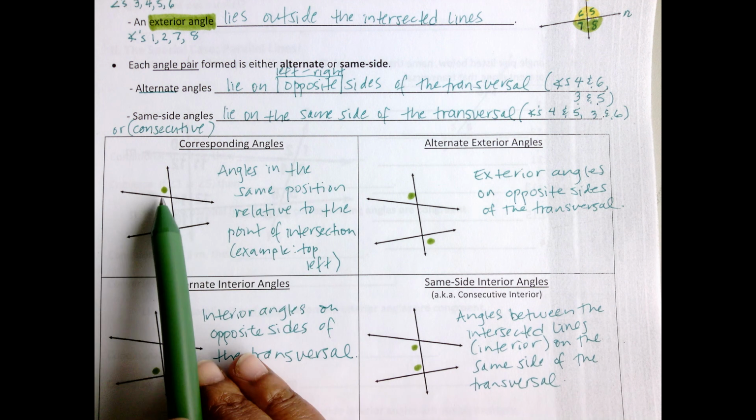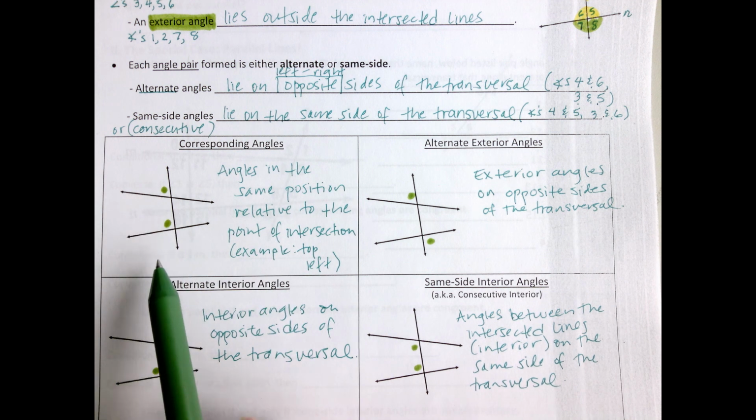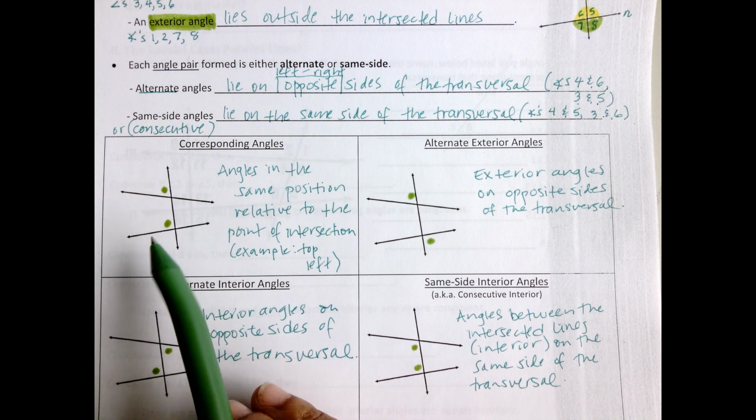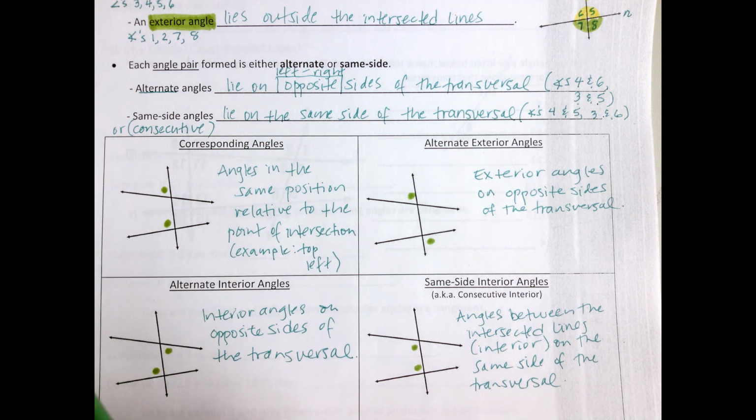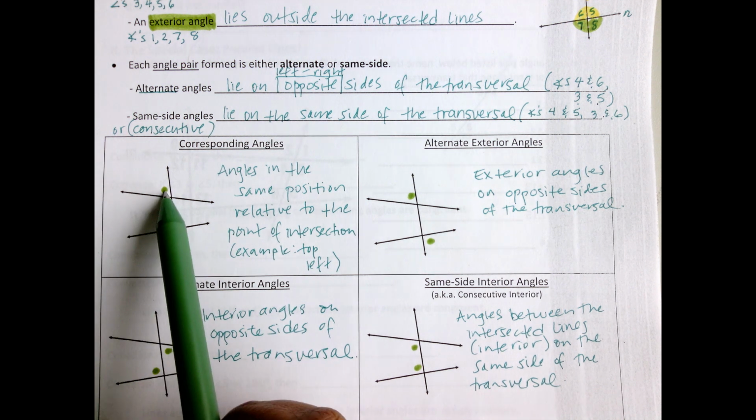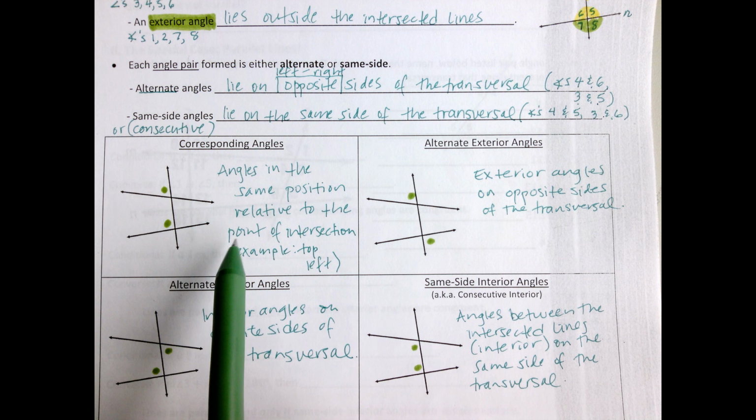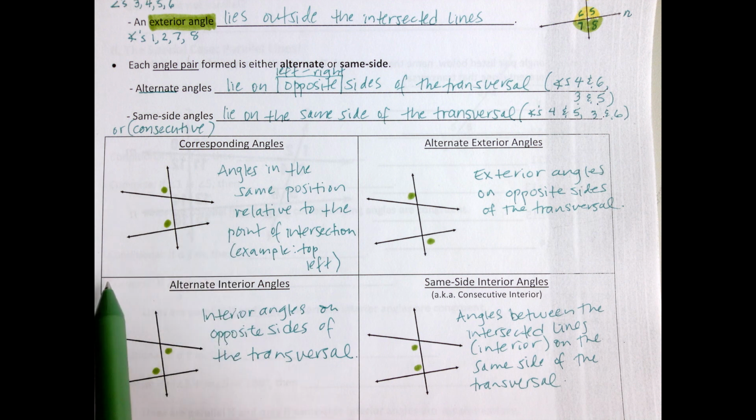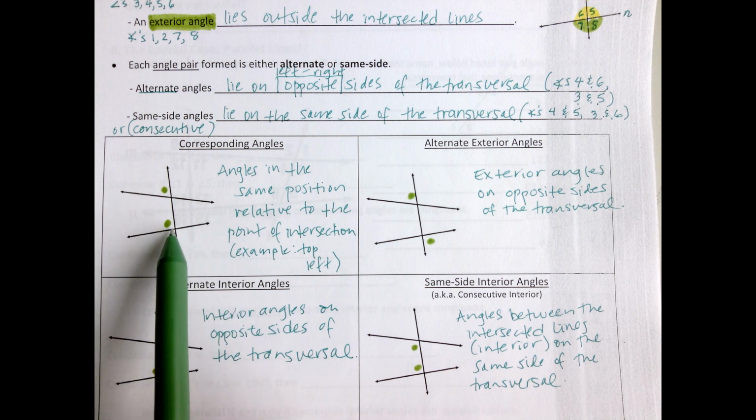So if you notice where I marked, these would be corresponding. Why? Because they're in the same place. This angle here is on the top left relative to the point of intersection. This angle here is also the top left of this point of intersection.